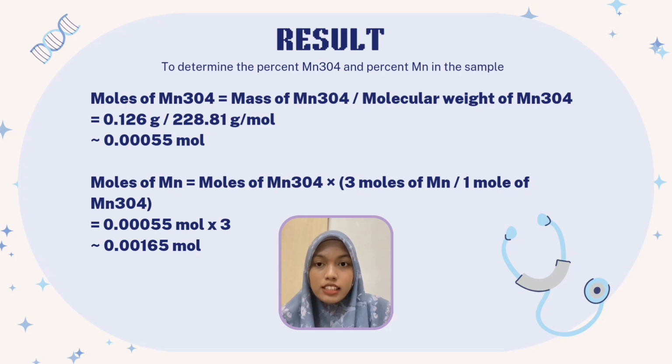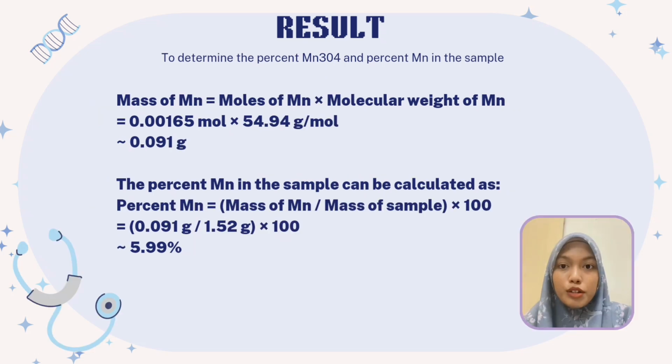The answer is 0.00165 mole. Then, we find the mass of Mn, equal to moles of Mn times molecular weight of Mn, and the answer we got is 0.091 gram. So, we can calculate the percent Mn in the sample: percent Mn equals mass of Mn over mass of sample times 100, and we got 5.99% of Mn.